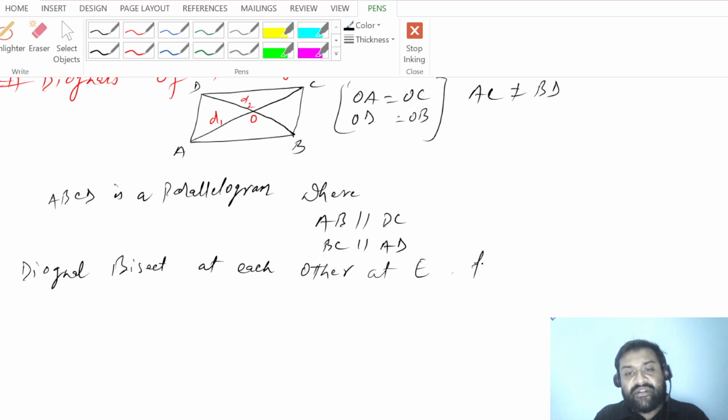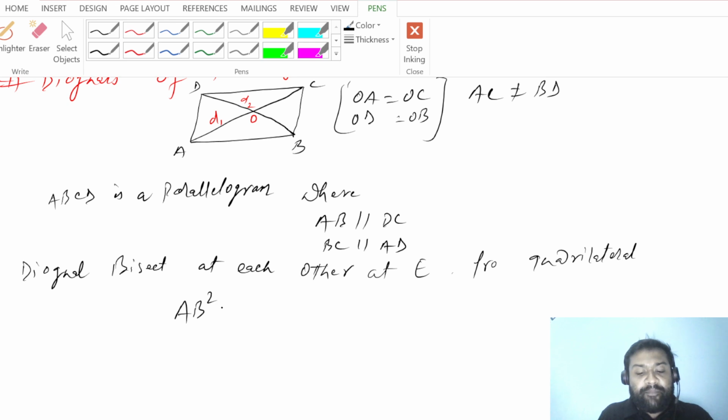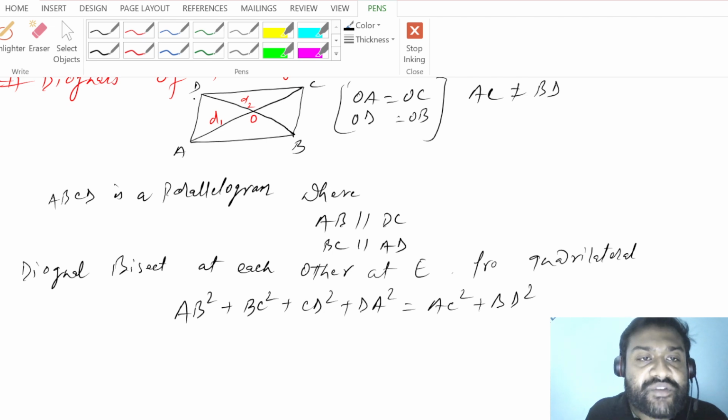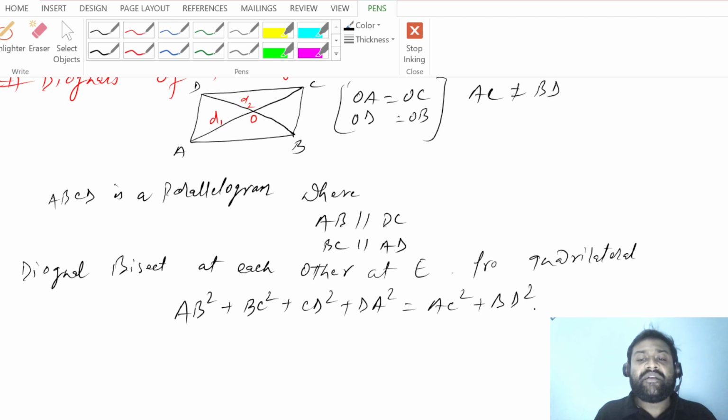So from the quadrilateral, what we have: AB squared plus BC squared plus CD squared plus DA squared is equal to AC squared plus BD squared. That means for our quadrilateral, the sum of the squares of all the sides will be equal to the sum of the squares of their diagonals.